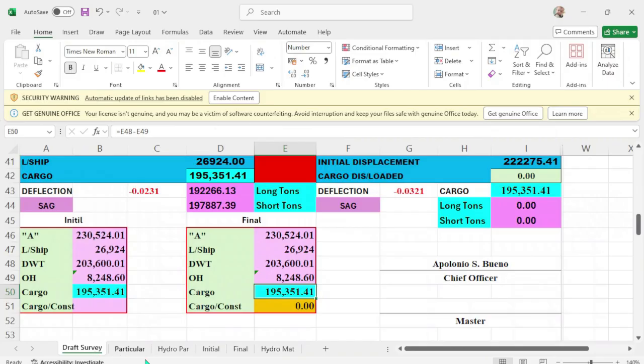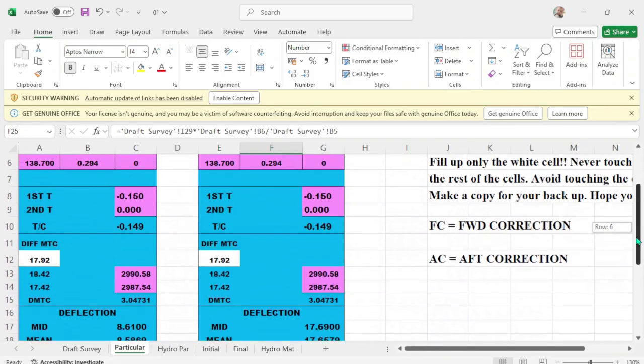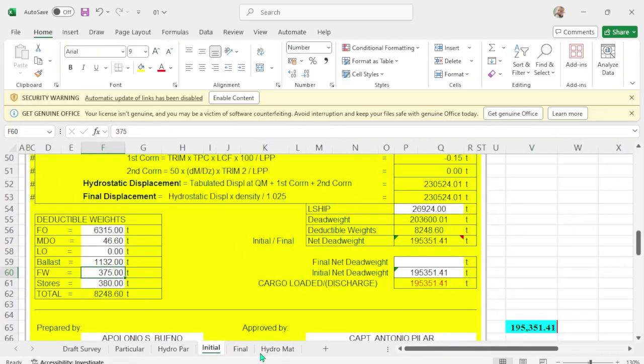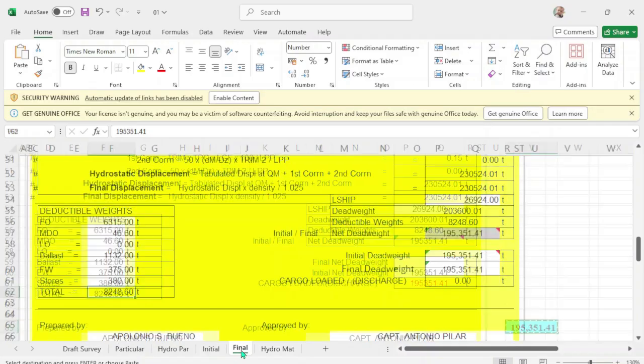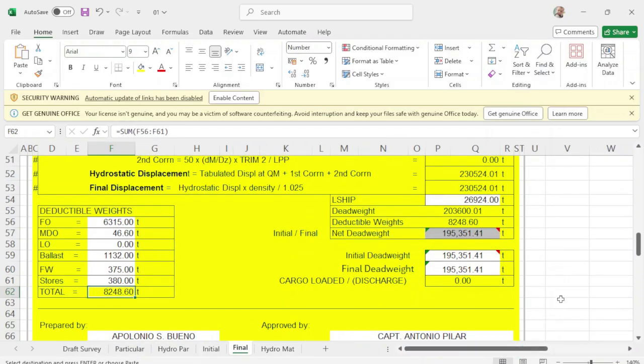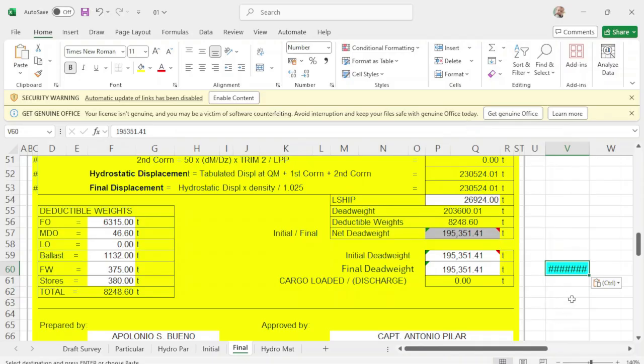So we take this one. Where is that? Oh, we go to the survey. It's particular. Find initial. Okay. Copy. Go to the final. And your cargo is paste. 19535.41, the same.